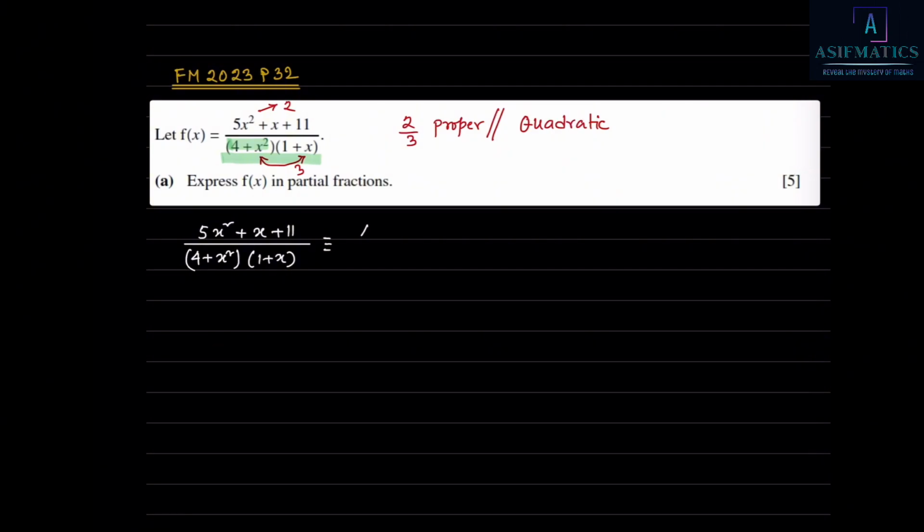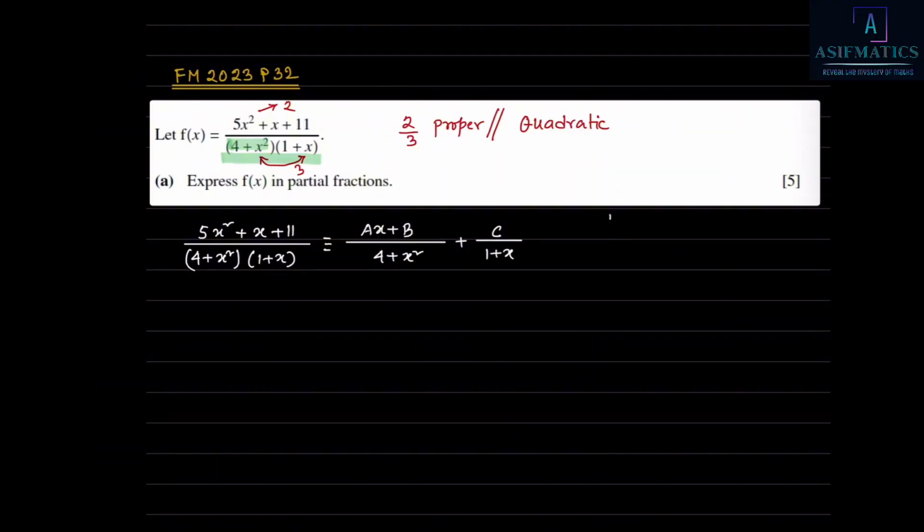So this will be ax plus b divided by 4 plus x squared plus c divided by 1 plus x. Now don't be confused about whether I should write ax plus b or c in the first one or second one. The main point is, ax plus b you need to write with the quadratic factor, like 4 plus x squared. So when you write 4 plus x squared, you need to write the ax plus b form.